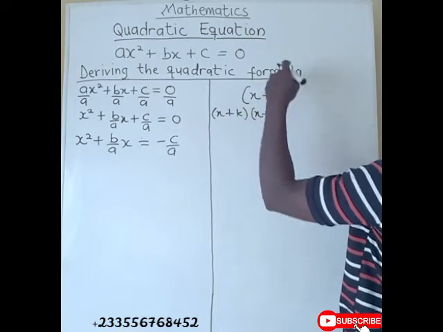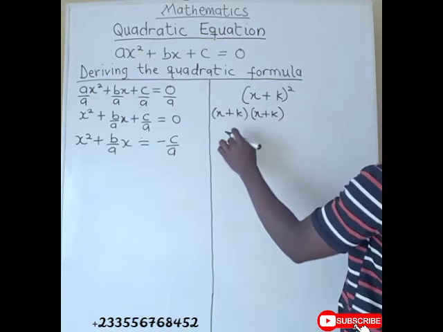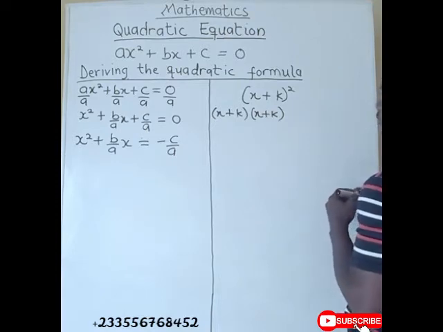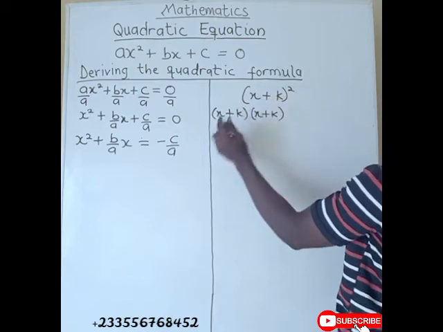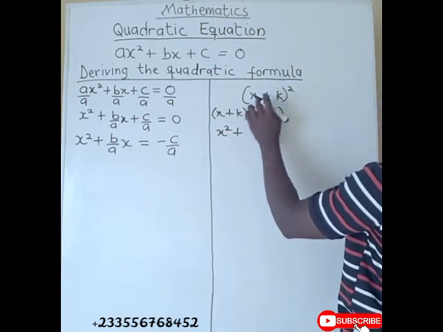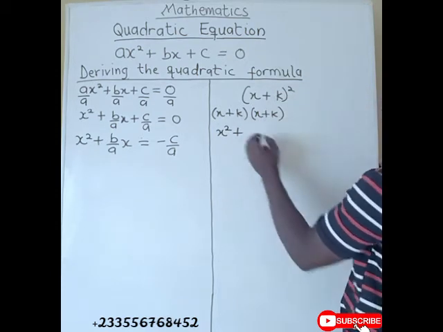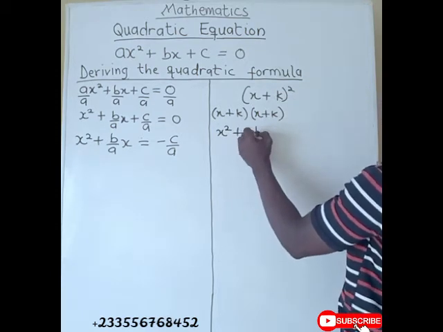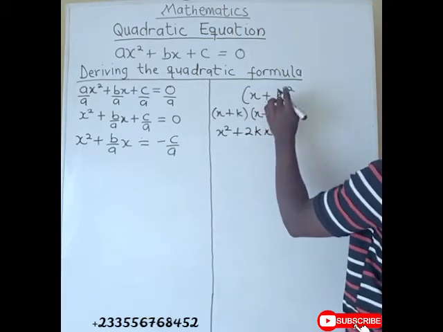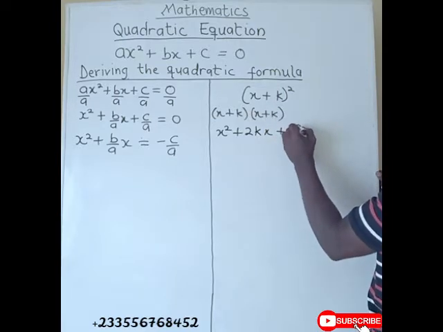You can expand using this method, but I want to use the shortcut method. With the shortcut method, you square the first term, x squared, plus the product of the two terms times the power, which is 2kx, plus the square of the second term, which is k squared.